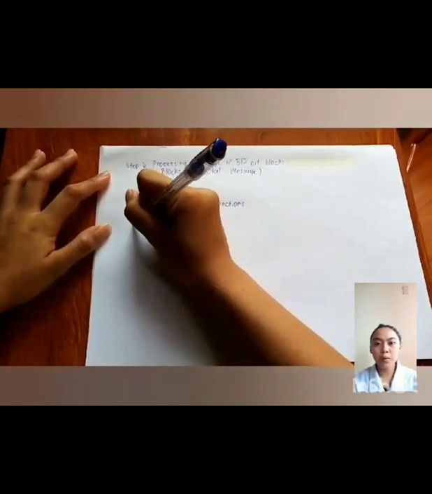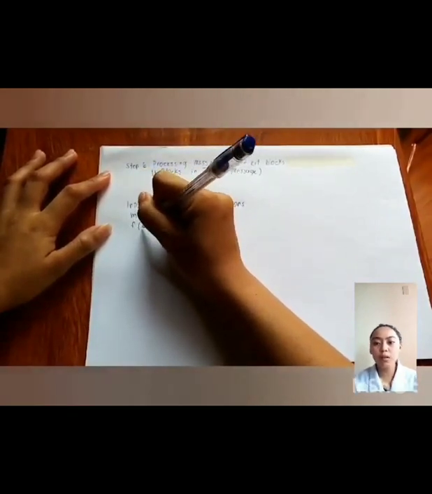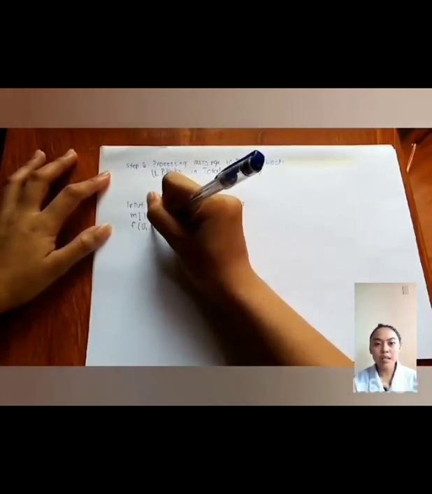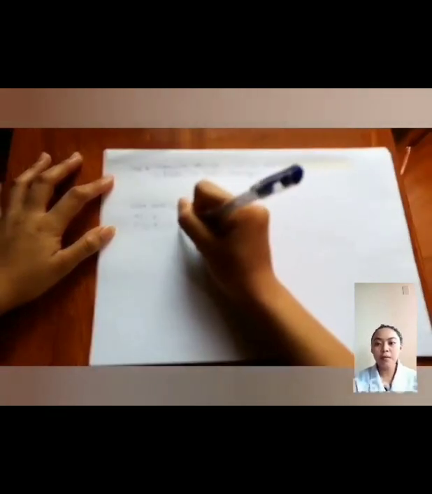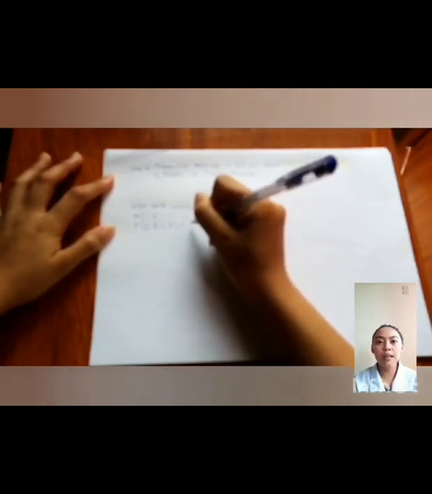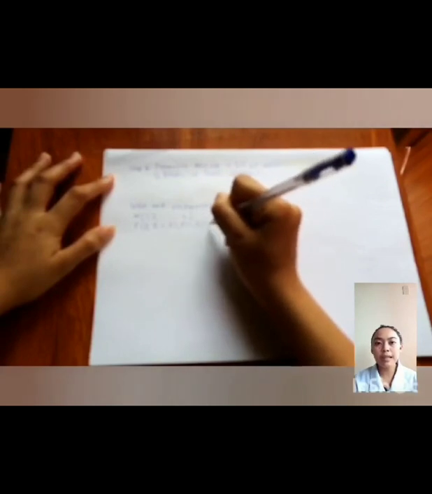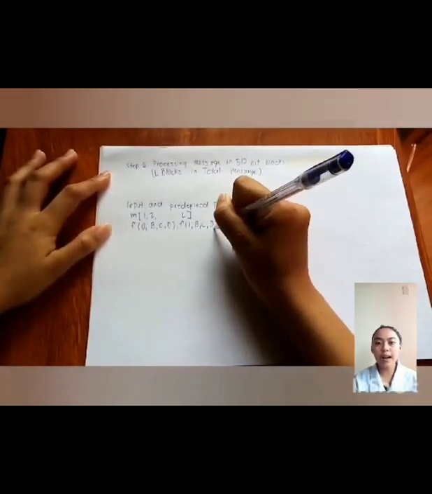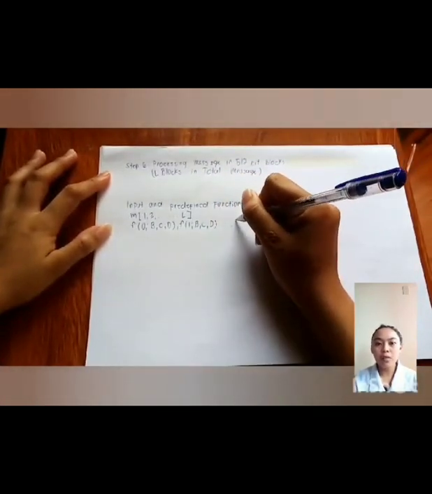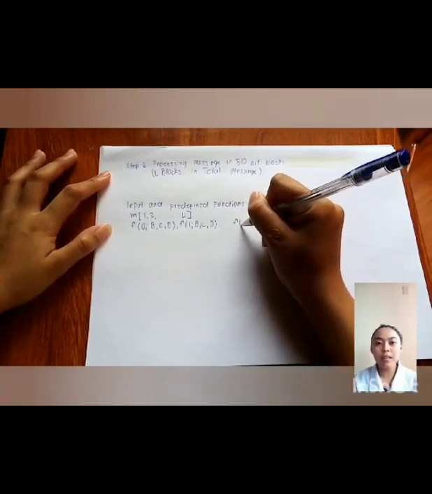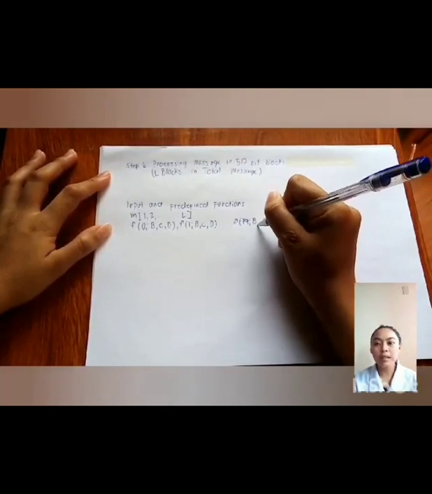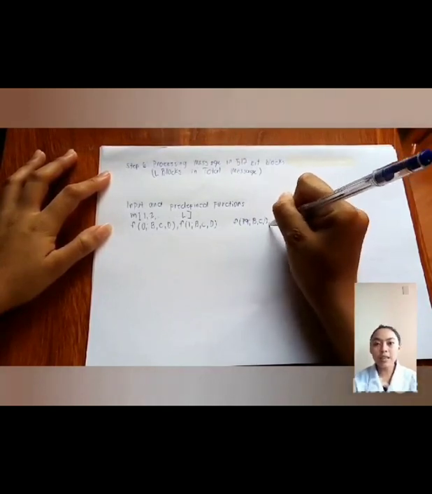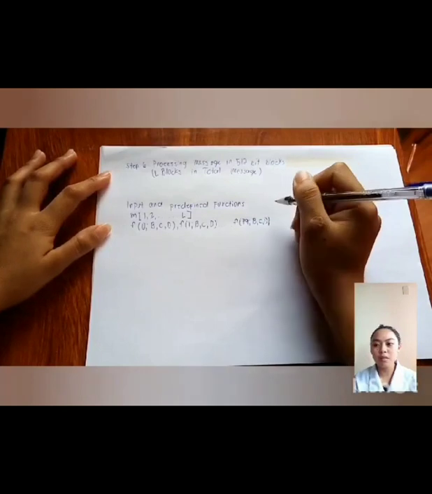F(0; B, C, D), F(1; B, C, D), up to F(79; B, C, D) are the 80 processing functions.